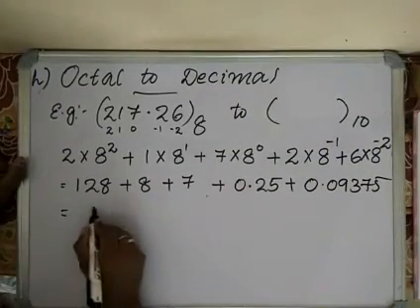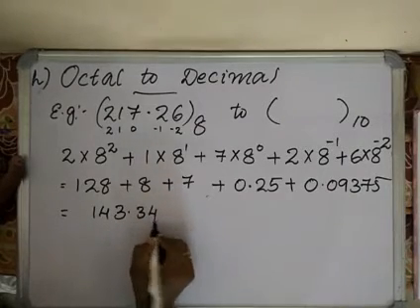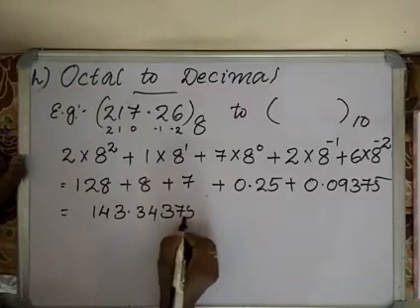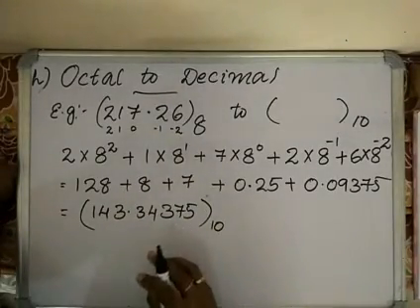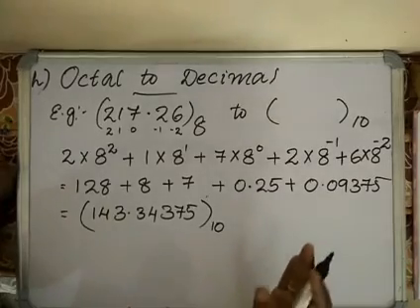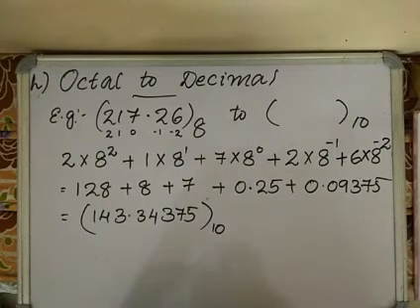So when you add these, you will get 143.34375. Okay, so I will repeat. Whenever a number system is converted to decimal, that number system can be binary, octal or hexadecimal. When we do that, the normal procedure is each digit will be multiplied by powers of radix.